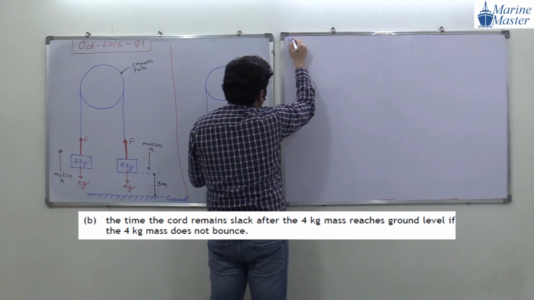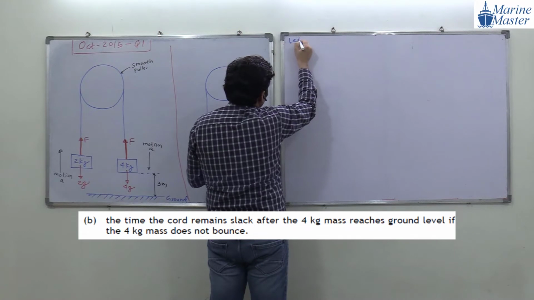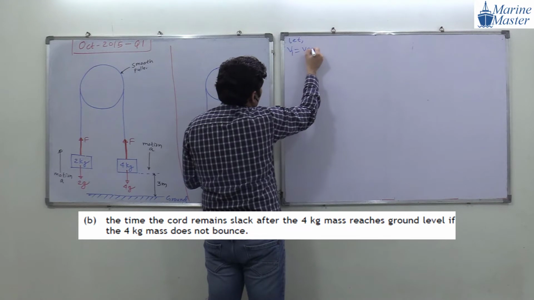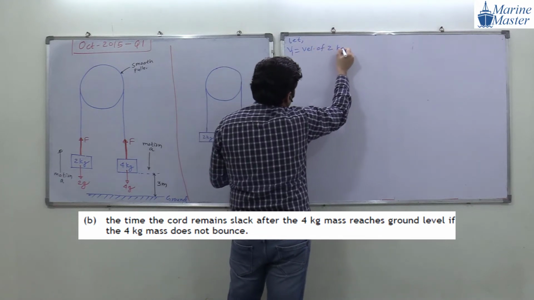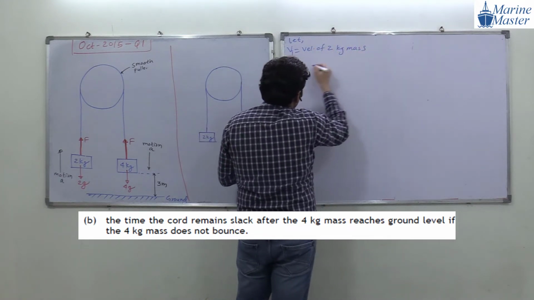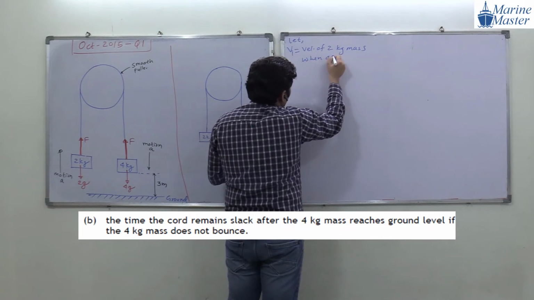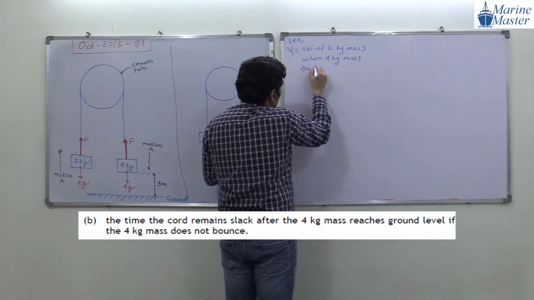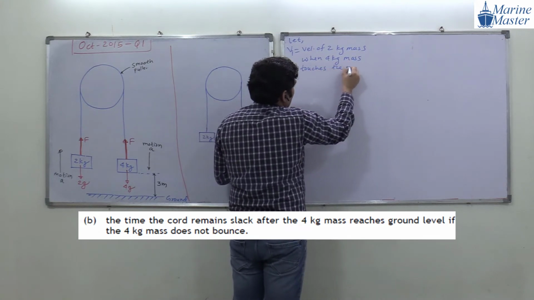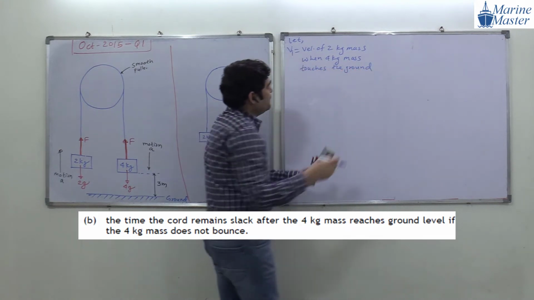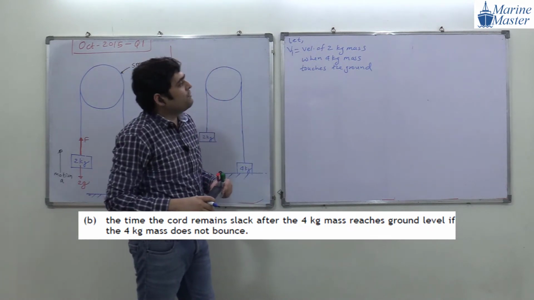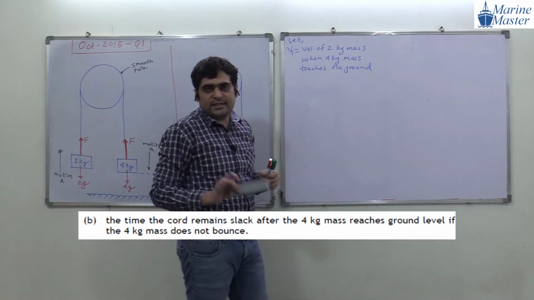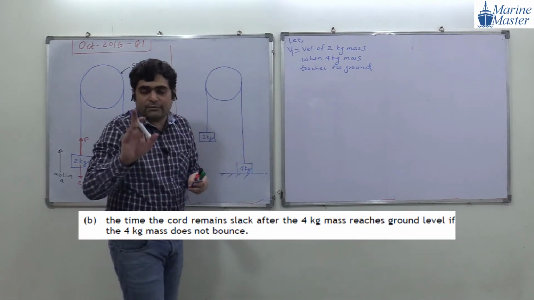Let V1 be equal to the velocity of the 2 kg mass when the 4 kg mass touches the ground. Are you getting my point, everyone? V1 means the velocity of the 2 kg mass when the 4 kg mass touches the ground. Now, how to get that velocity?